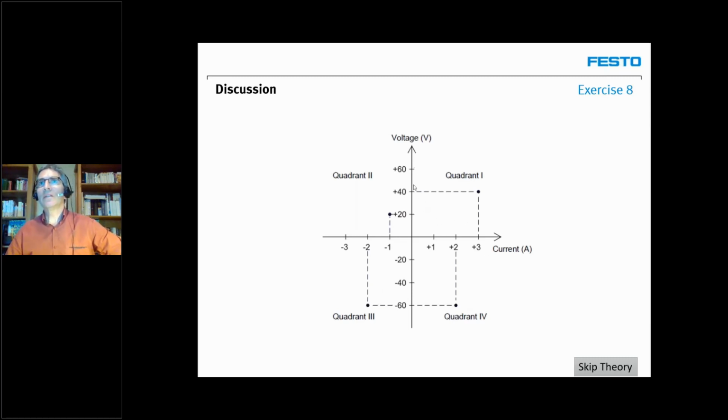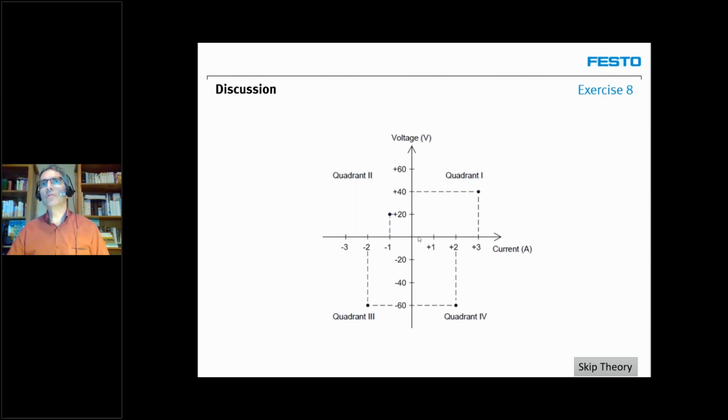In quadrant 1, our voltage is positive, the current is positive. So in this case, our motor is drawing power from the source, so we are really in motor mode. Same thing in quadrant 3, when both the voltage and current are negative, we are also in motor mode. It's simply that our motor is spinning in the opposite direction, if we're talking of a DC motor here.